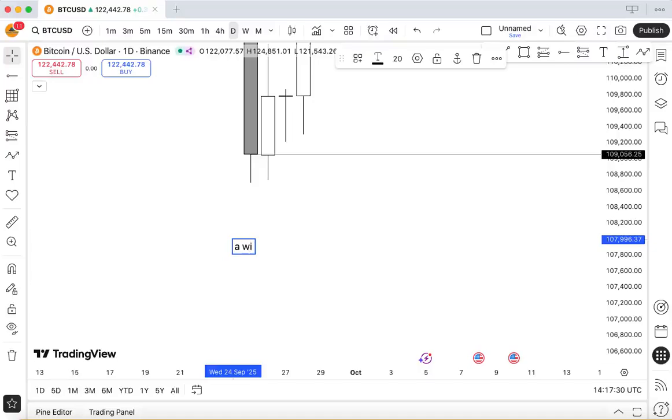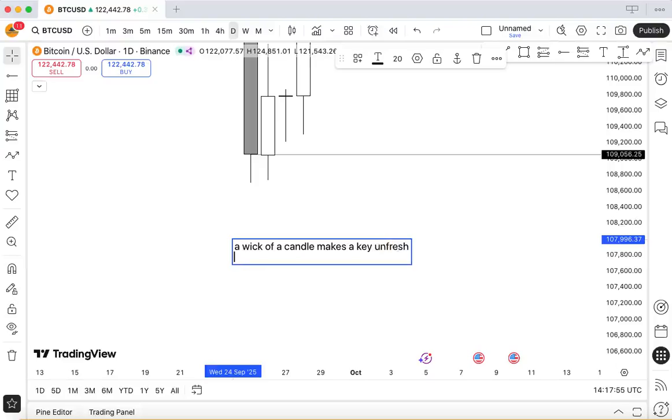A wick, I'm saying a wick, a candle's wick, not 7 days make a week. A wick of a candle makes a key level unfresh.